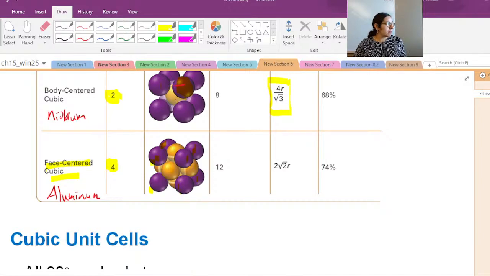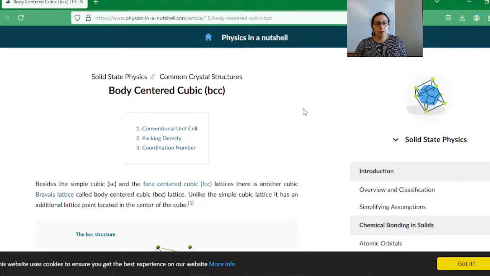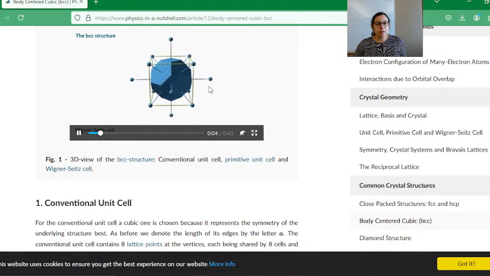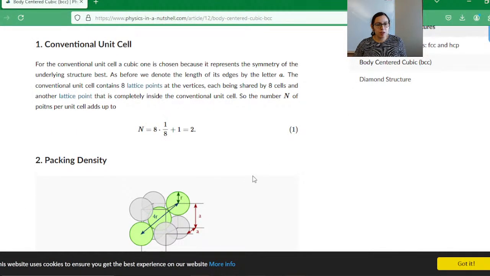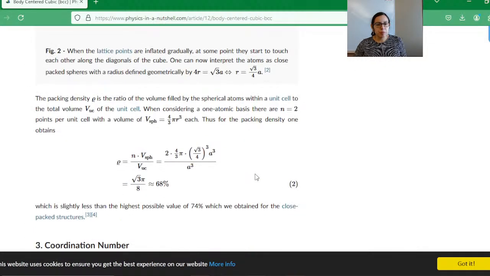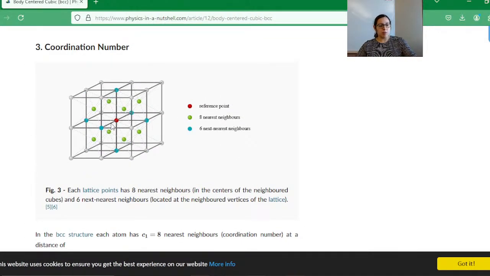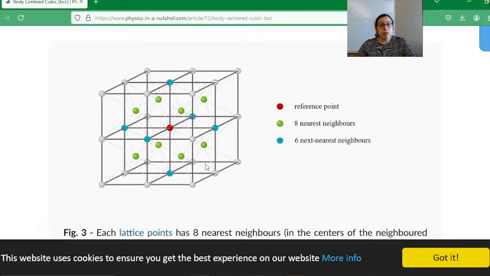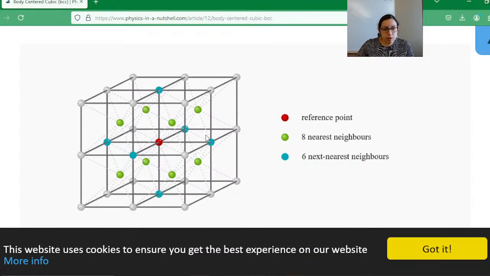I was just trying to get a better picture. I have to hunt all over the place. So this one is trying to show you the 8 coordination number. That's not a great picture. This is a better one. So this is our body-centered cubic again, with our middle one, and it has your 8 nearest neighbors from this reference point.